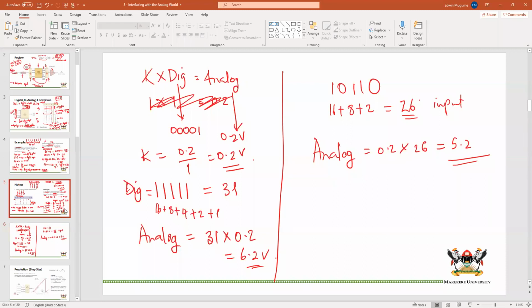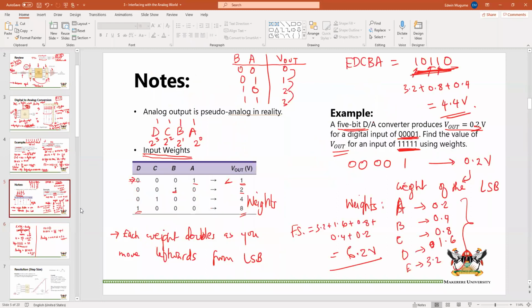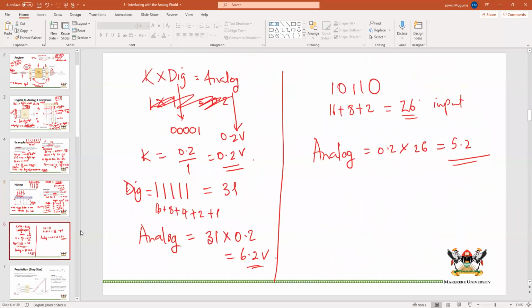Do I get 5.2? I don't get 5.2. That is 10110, which is 16 plus, so I made a mistake. It is 16 plus 4, because the 8 is 0. It is plus 4 plus 2, so it's 22. And 22 times 0.2 is clearly 4.4.